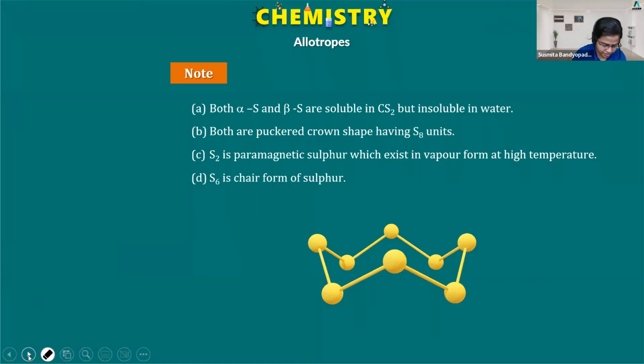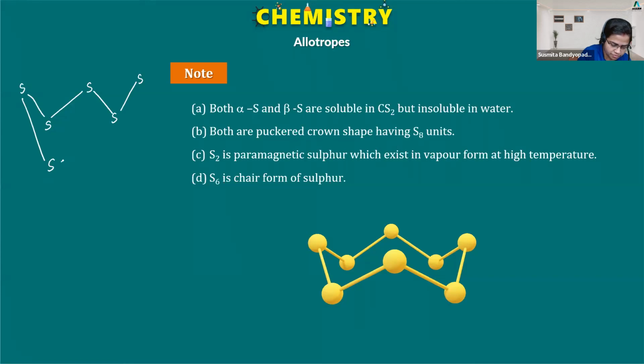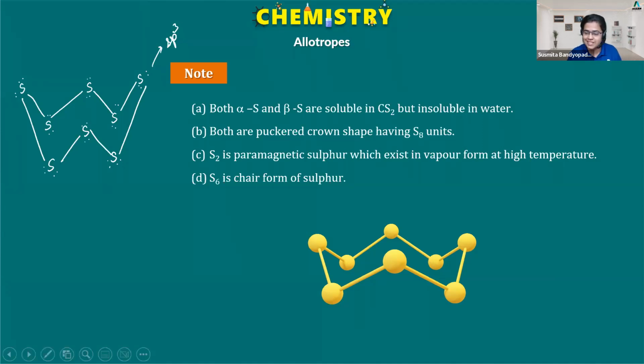Wait, I'll draw it this way: 1, 2, 3, 4, 5, 6, 7, and 8. On a particular sulfur, you can see 2 bond pairs and 2 lone pairs. So it is sp3.